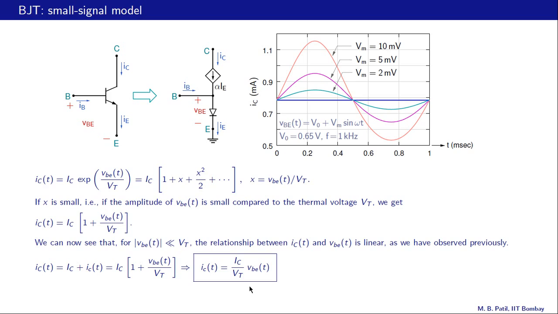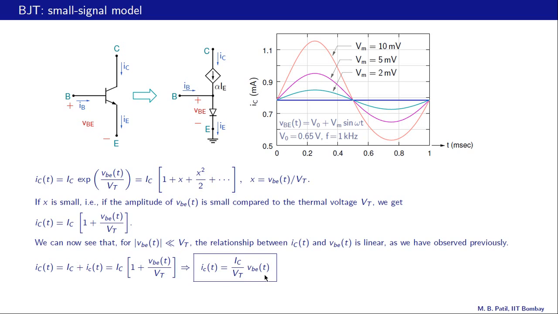What are the implications of this equation? It says that if X is small, that is, if the amplitude of the signal base to emitter voltage is small compared to Vt, then the signal collector current is directly proportional to the signal base to emitter voltage.